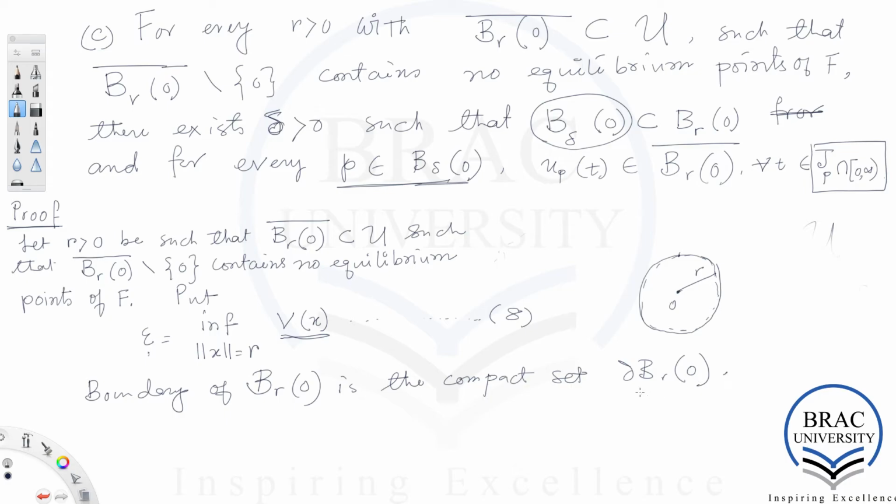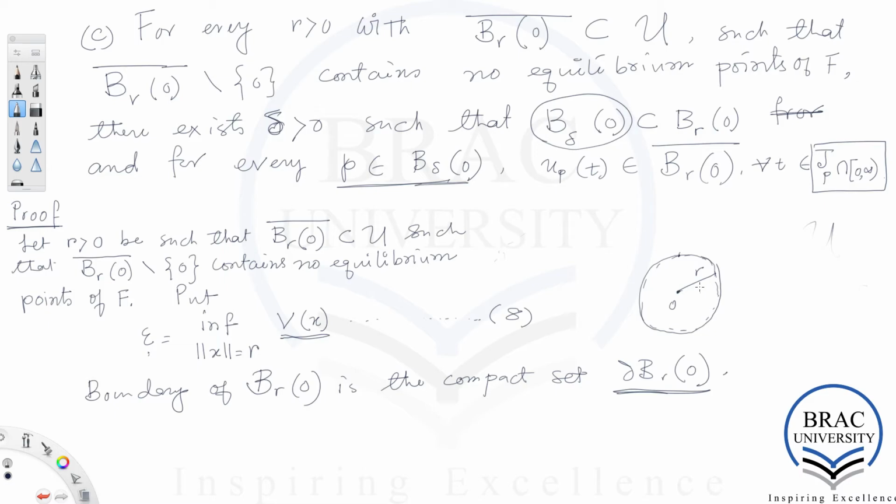So this is nothing but this sphere. The sphere is the boundary of the open ball BR0. The detailed notations are included in the lecture note, so you may try to consult the lecture note for the detailed notations.